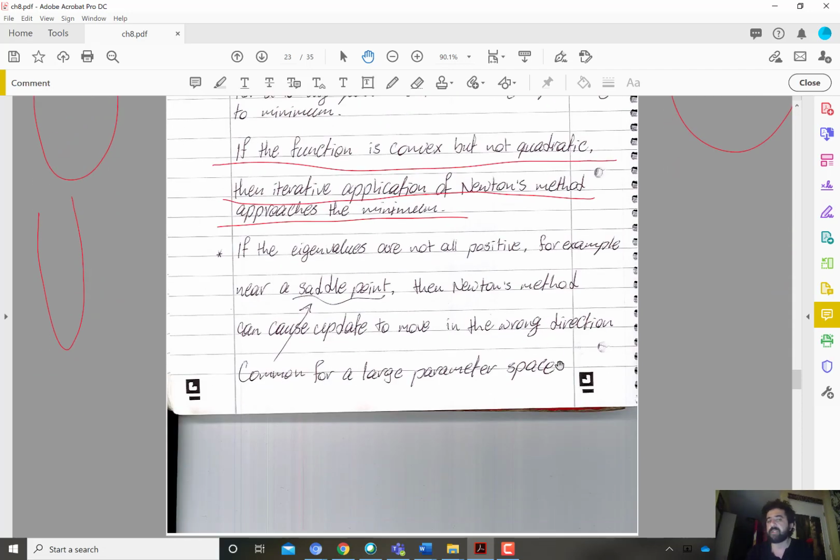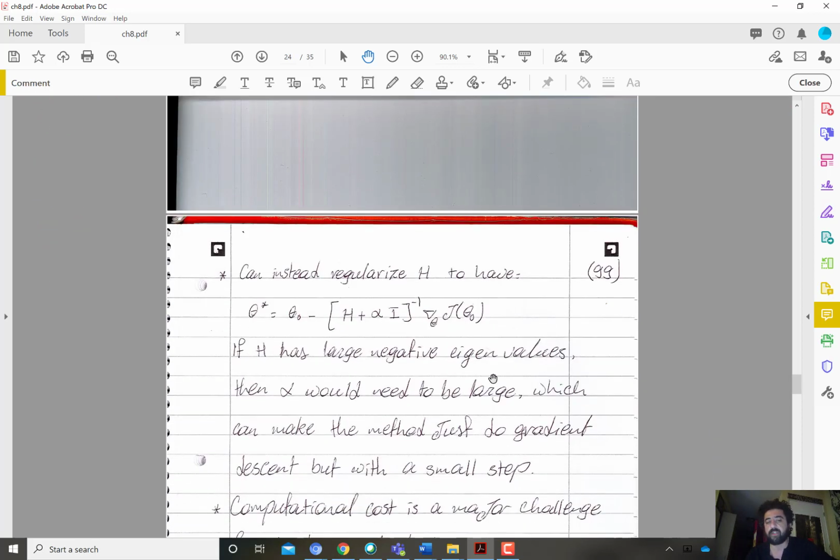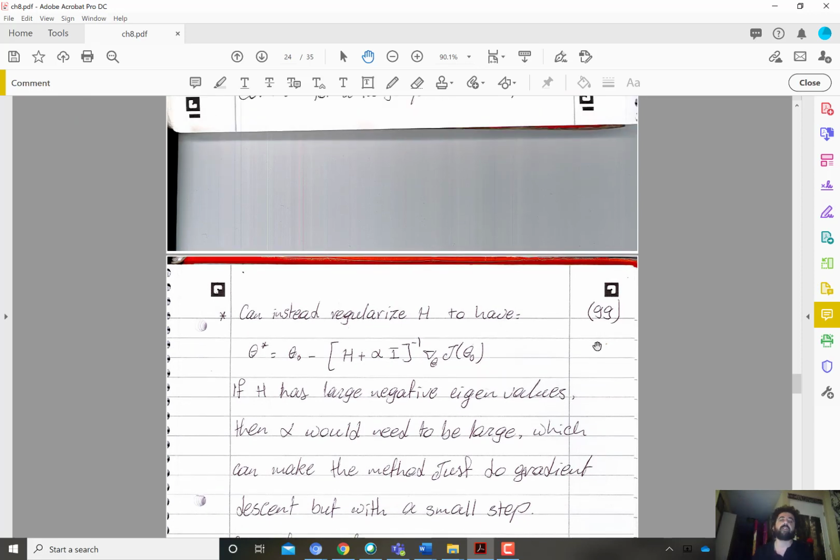Now the problem is that while gradient descent or stochastic gradient descent is likely to be repelled from a saddle point, because it navigates a trajectory rather than jumping to critical points, Newton's method will be attracted to saddle points. So that's why there is this regularization method. Now the problem with this regularization method is that if you take it to the extreme, if you increase alpha by a lot, then you will end up doing stochastic gradient descent, right?